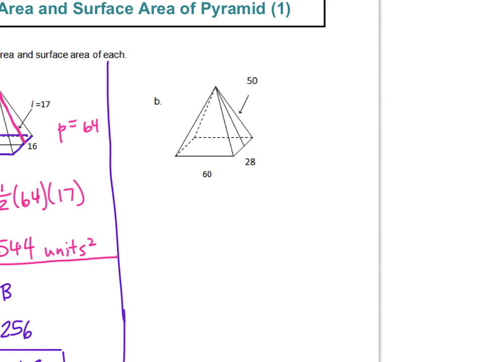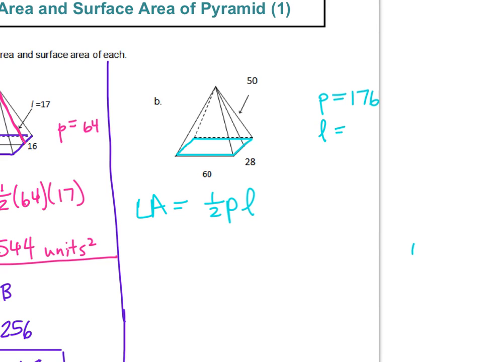All right, part B. First we want the lateral area. Remember, that's going to be 1/2 times the perimeter of the base times the slant height. So the perimeter of the base, let's go ahead and find the base. We'll outline that. So if you add up all four sides, 60 plus 28 plus 60 plus 28, our perimeter is 176.